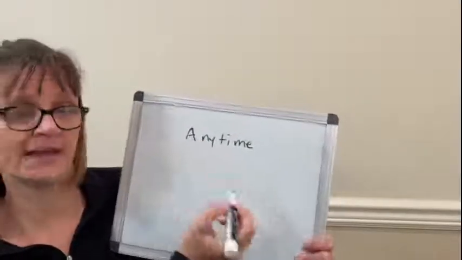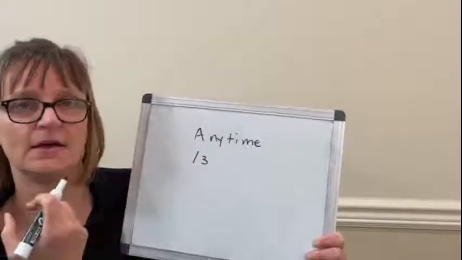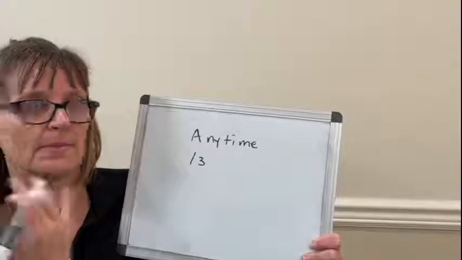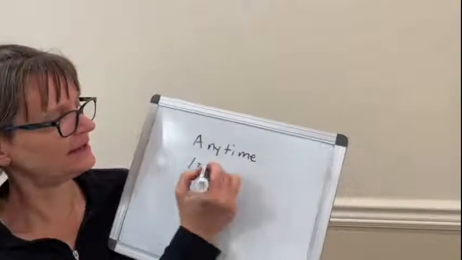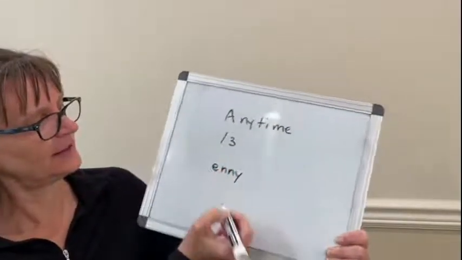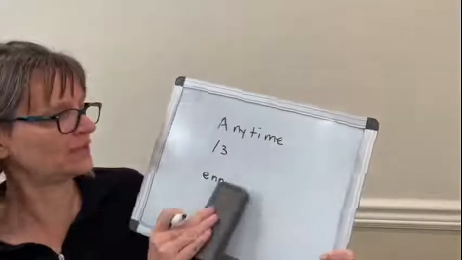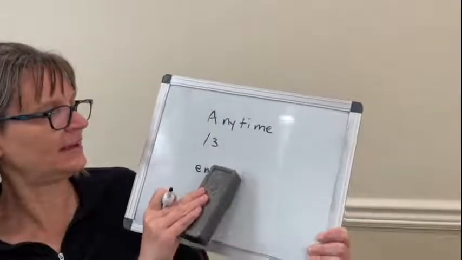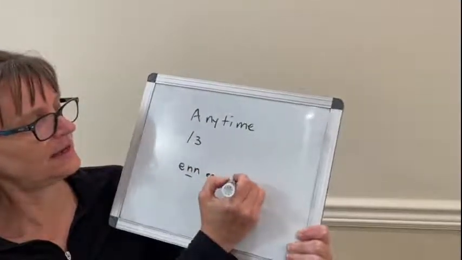Basically, this letter A is going to be the eh sound, like in many or men, even though we spell it with A. So any, we could rewrite that like the any in penny, or we could write it like any time.